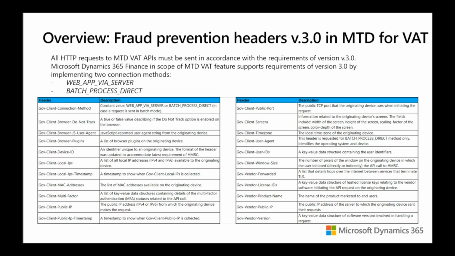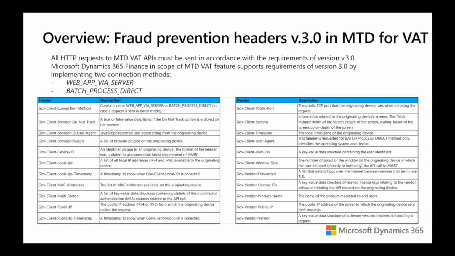This slide shows the full set of headers required for both connection methods. Some of them are required for web app via server only, and some for batch process direct, but most of them are required for both connection methods. So in our discussion today, we will not differentiate further by connection methods, and we'll talk about them as a whole in general.